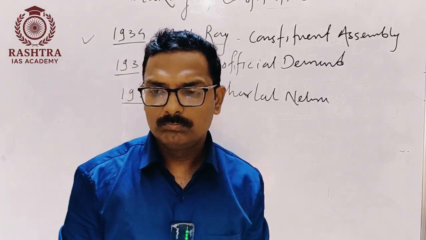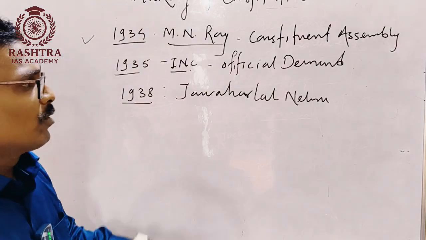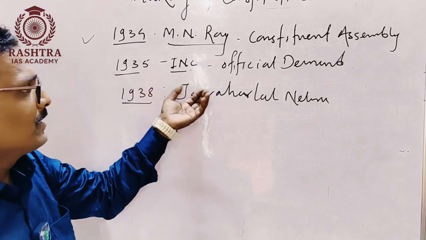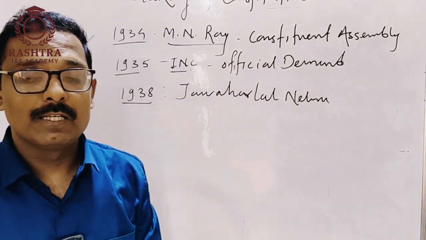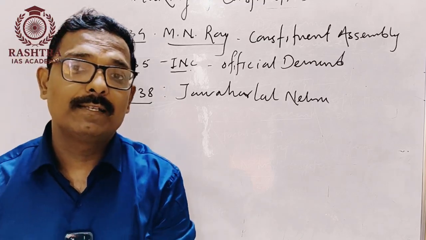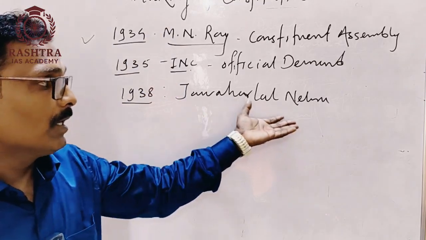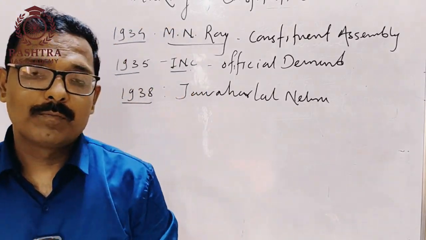This is how the evolution of a constitution can be seen. M.N. Roy was one of the first who demanded a constituent assembly. Then the INC was the first organization in India to demand a constituent assembly to draft the constitution for our country. The third, as a person, was Jawaharlal Nehru, one of the topmost leaders, who later became the prime minister of our country.